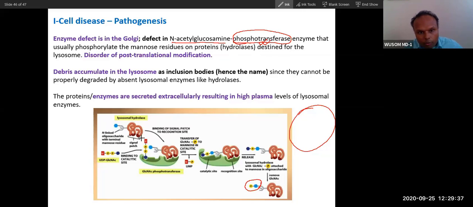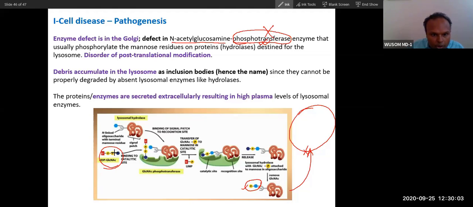The address will not be written on the protein. What is the address? Mannose phosphate is the address. So if this enzyme is absent, mannose phosphate is not added, and this protein will not enter the lysosome. Normally mannose phosphate is added through this process. You can see this is UDP glucose.